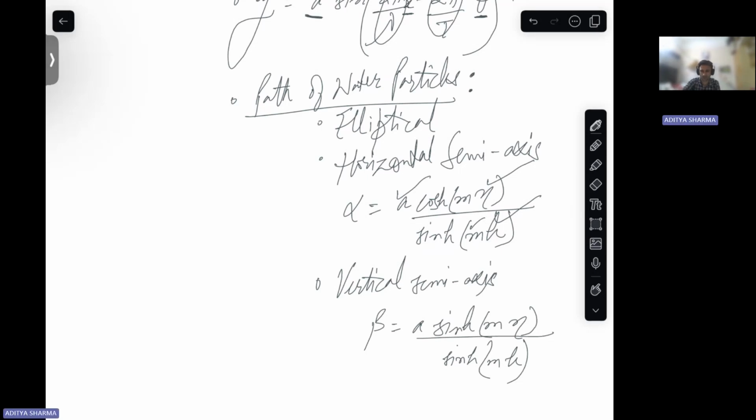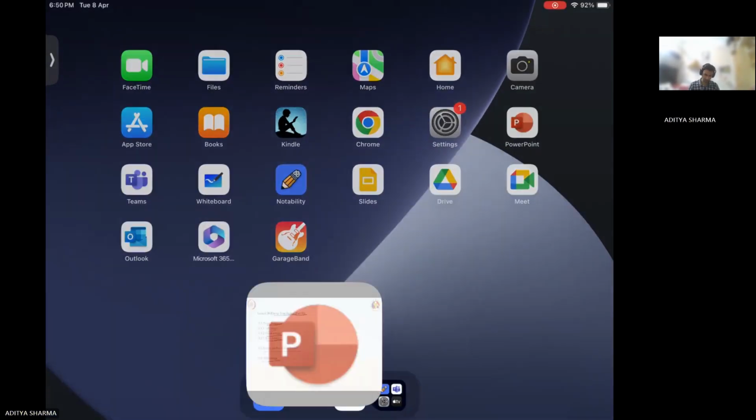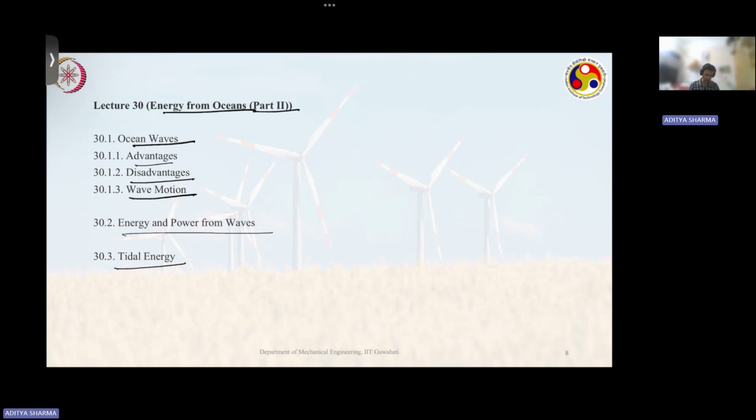So if we dwell deeper into wave motion, we can figure out how all these expressions came. Yes. So this was your wave motion.